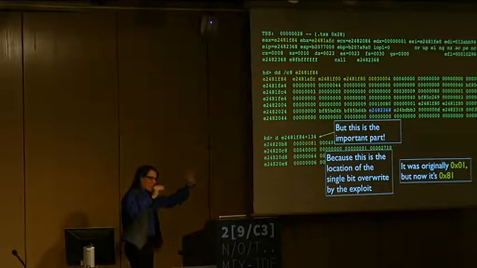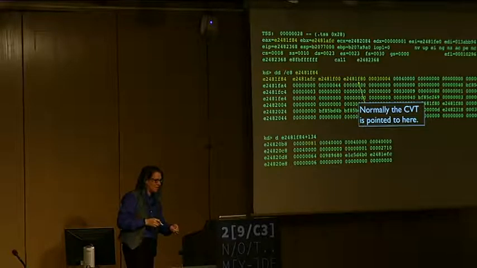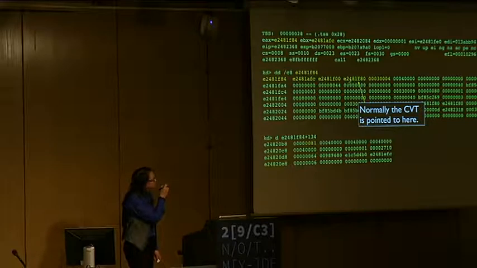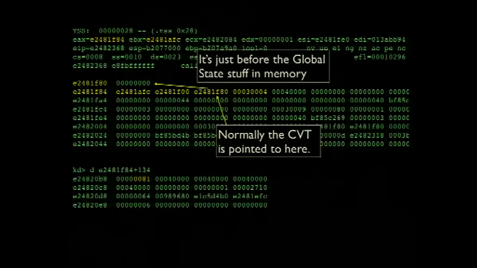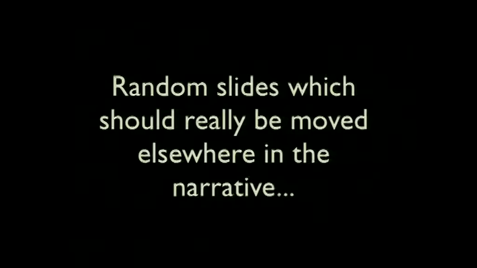And what this allows to happen, and I've got a slide, I should probably just go to that slide. So the CVT value, at the time this happens, is pointing to right before this structure in memory here. And the length of it is 1 dword originally.